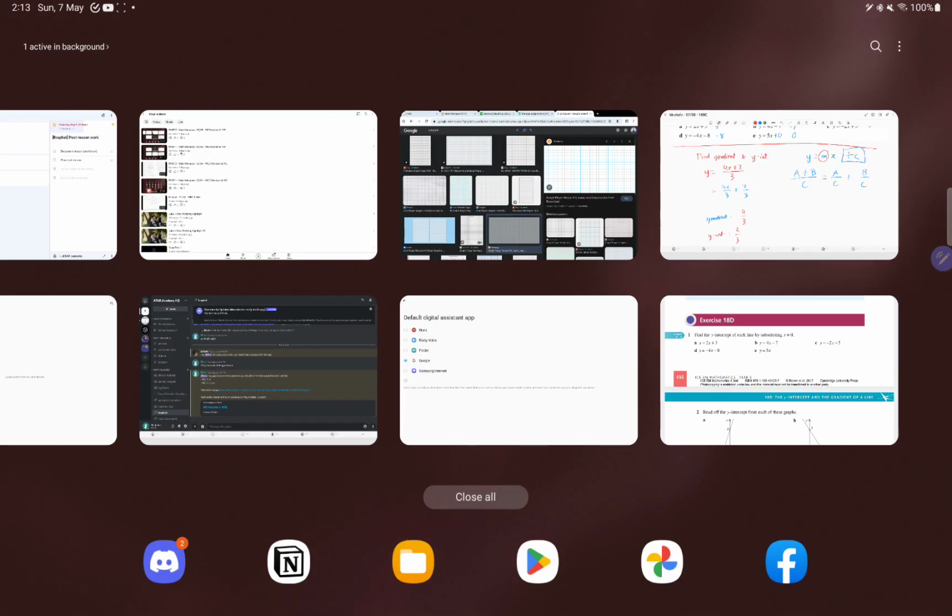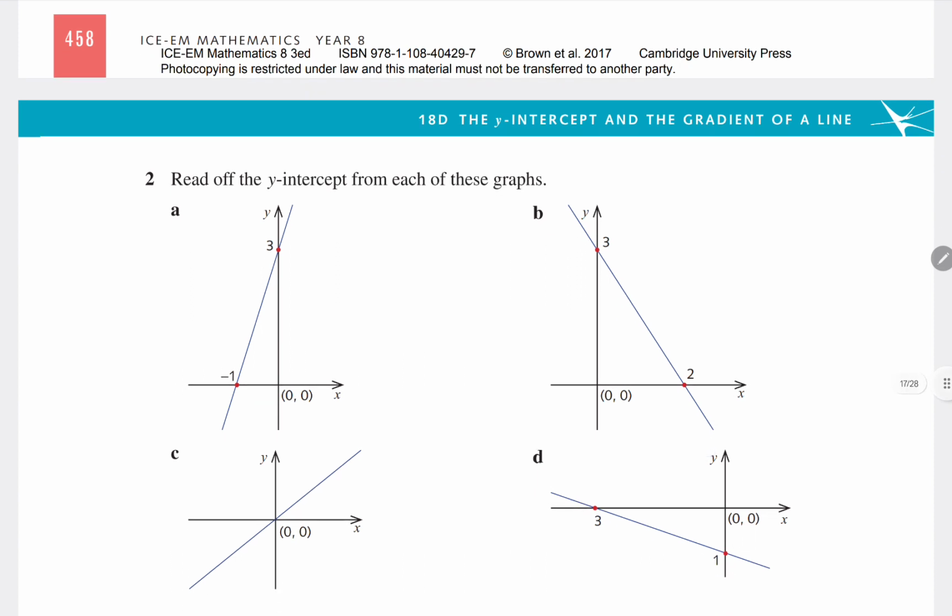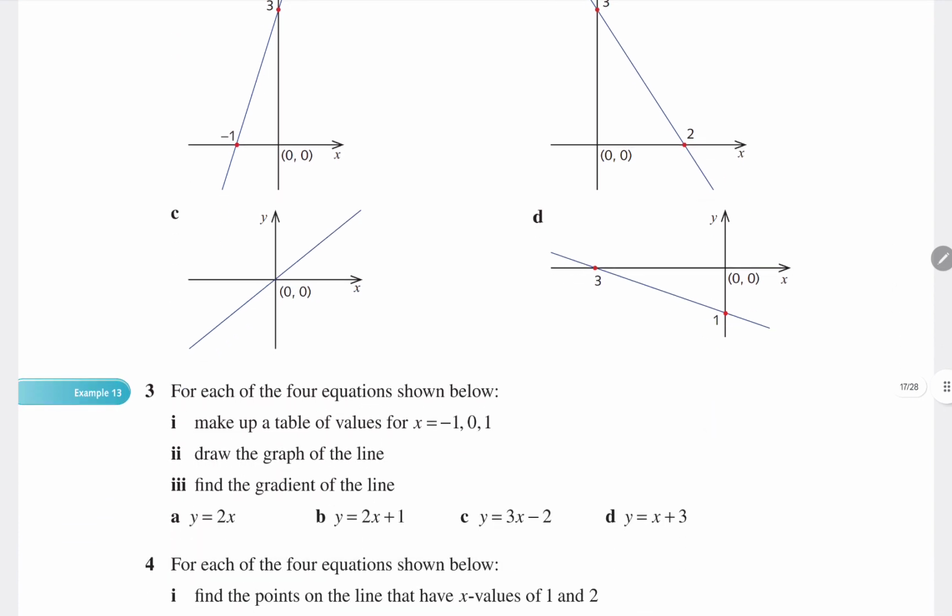So that's why I'm teaching you this slightly advanced concept of how to manipulate the line equation. Most of the time you can do it that way. Now, what's the y-intercept for question A? The y-intercept is 3. Okay, what's the y-intercept for question D? It's 1.